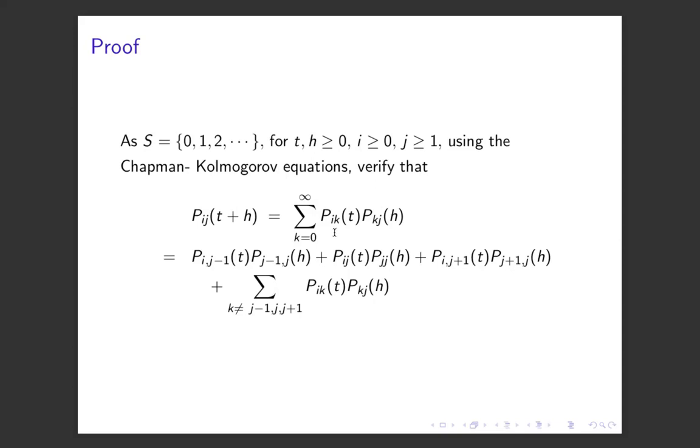And here, corresponding to k equal to j minus 1, j and j plus 1, take out those terms, and the remaining terms.